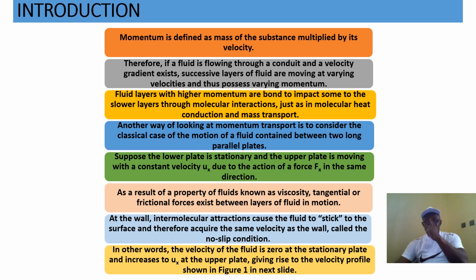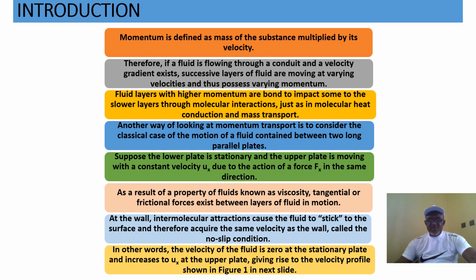So the molecules close to the wall, if the wall is moving with a velocity ux, the molecules close to the wall will also move with a velocity ux. But if the wall is stationary, then the molecules close to the wall will also be stationary, and there will be a velocity profile as you go out from the wall.